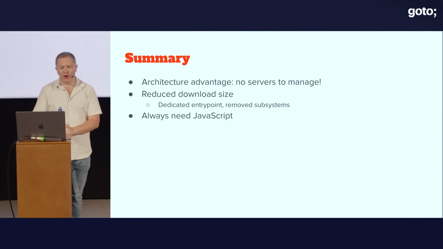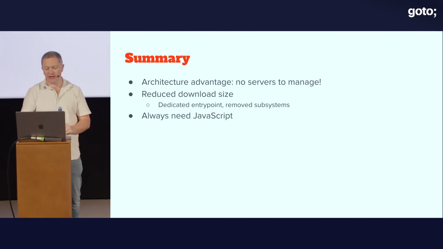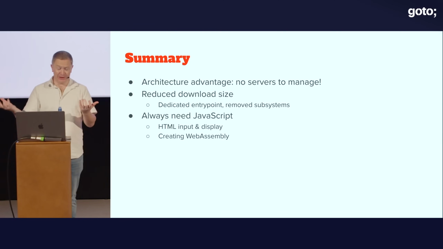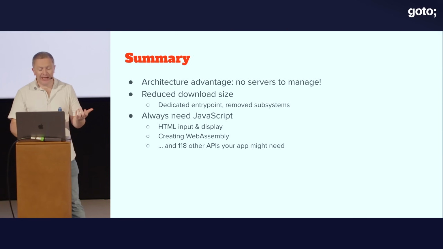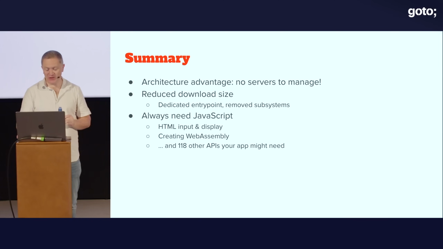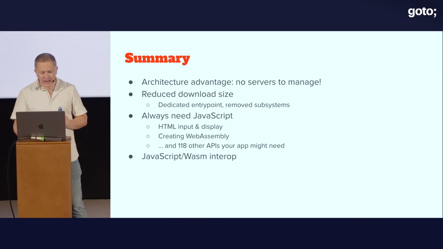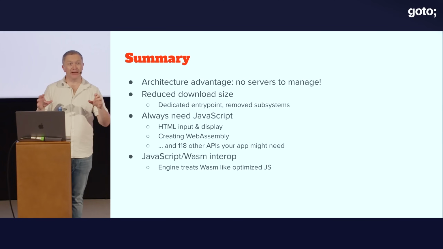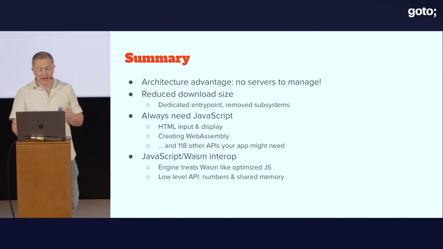We also talked about how you always need JavaScript. You can't get away without it, even if you're mainly using another language. So for things like HTML input and display, in our case for creating the user code's WebAssembly module, but again, in your project that might be something else, because there's 118 other APIs that you might need to use in the browser. And we also talked about JavaScript and WebAssembly interop, and how the engine treats WebAssembly a little bit like optimized JavaScript functions.